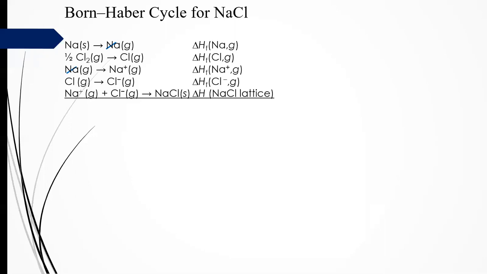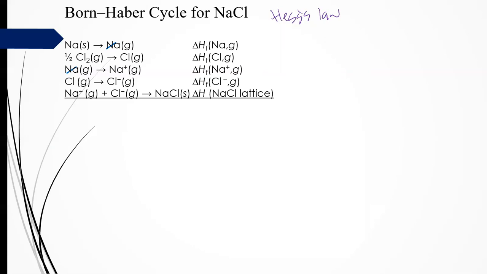And so the Born-Haber cycle is basically built off of Hess's law, because for the enthalpy change of each of these processes, we can do them in parts or all at once, because the enthalpy change is a state function. It's path independent.